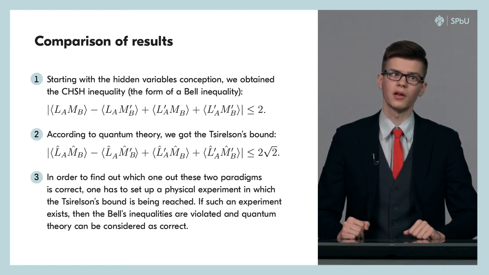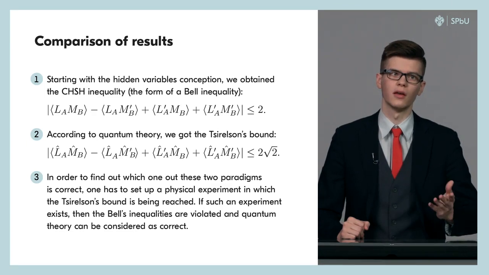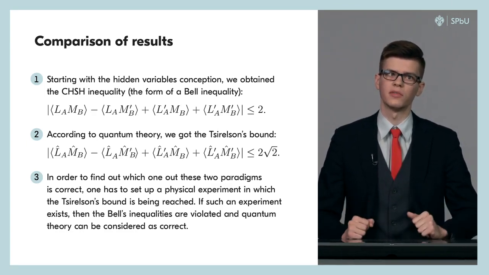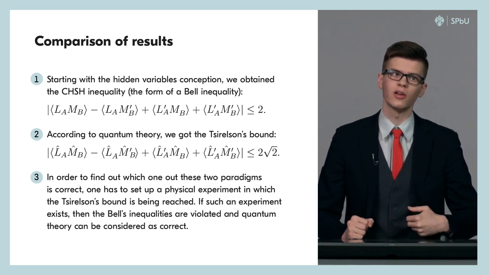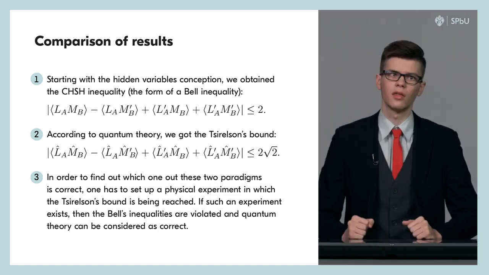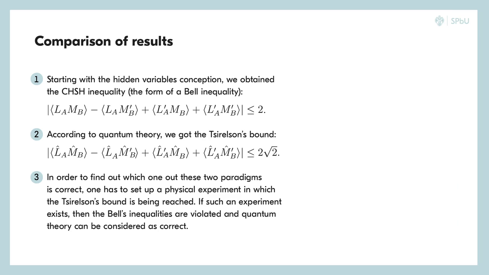Thus, if one obtained in an experiment a value for S greater than 2 and less than or equal to 2 times square root of 2, then the Bell inequalities are violated and the quantum theory predictions turn out to be correct. Otherwise, if the absolute value of the averaged S is less than or equal to 2, then the Bell inequalities are obeyed and the hidden variables conception is true.